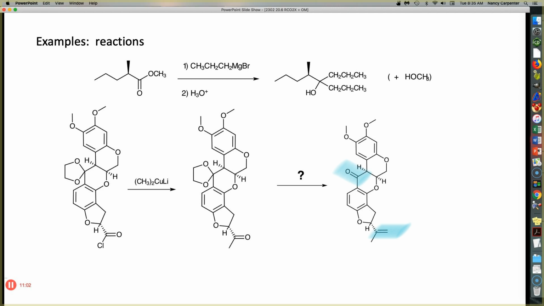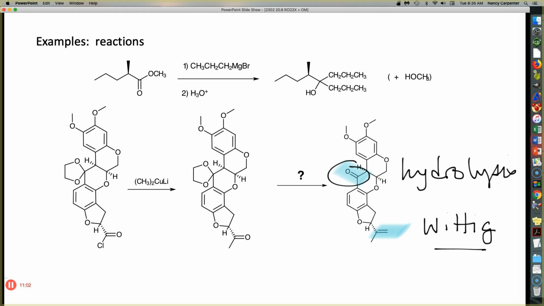It's clear that this would have to be Wittig chemistry, and this is just hydrolysis. But if we do hydrolysis first, then we have the problem of having two ketones that could undergo Wittig. So we must think about the order in which we do this. We have to do the Wittig first to make the alkene, and then we can do the hydrolysis to deprotect that ketone and have our final product.